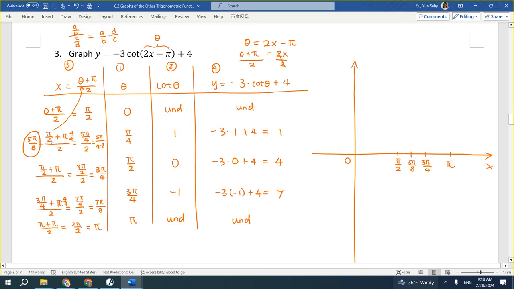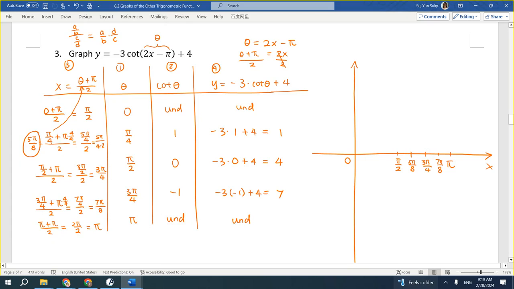Yeah, that's the other one. Good. Between 3 pi over 4 and pi, the middle is 7 pi over 8. And you can see the values, they are either increasing or decreasing. But the difference between every two numbers should be the same. Everybody okay? So this is how we plug those numbers.